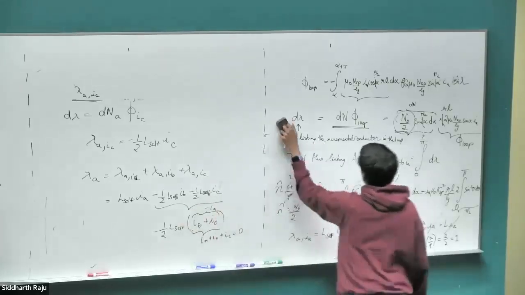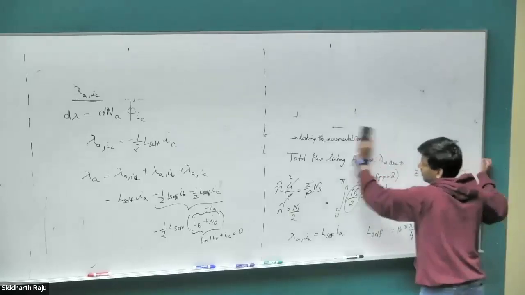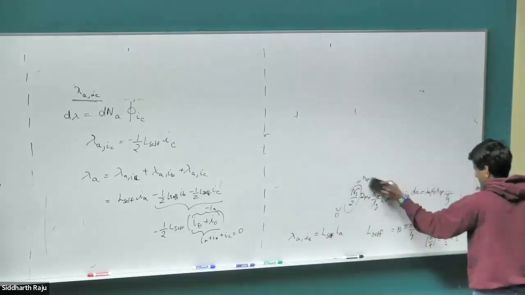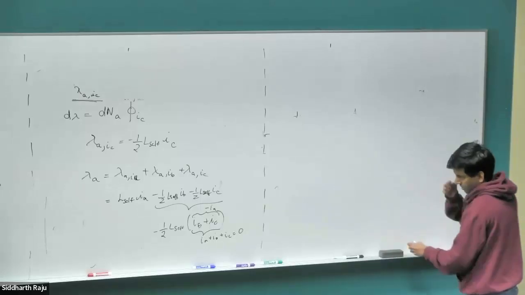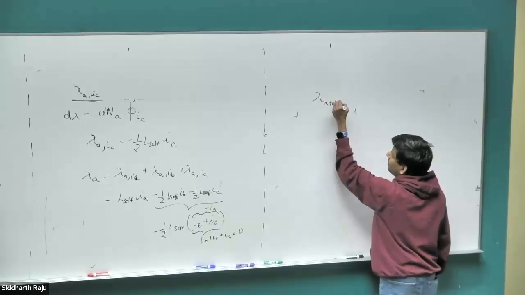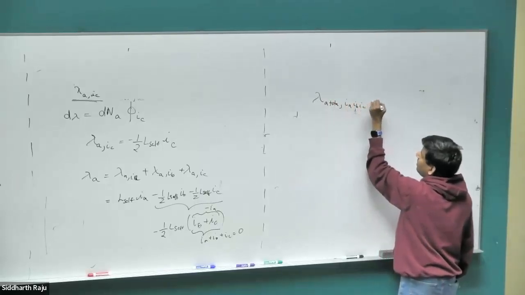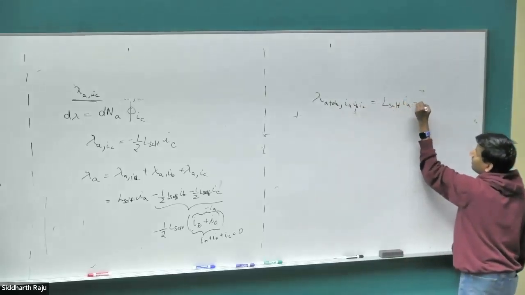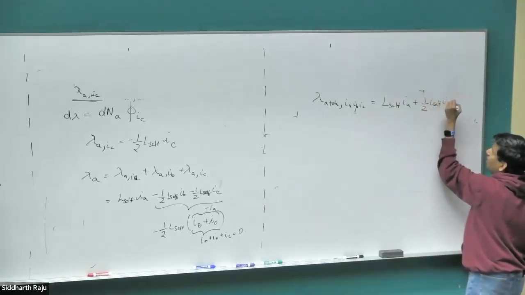So let's plug the value in. Once we plug that in, we have our total flux linking A, due to IA, IB and IC, going to be equal to L self IA plus 1 by 2 L self IA.